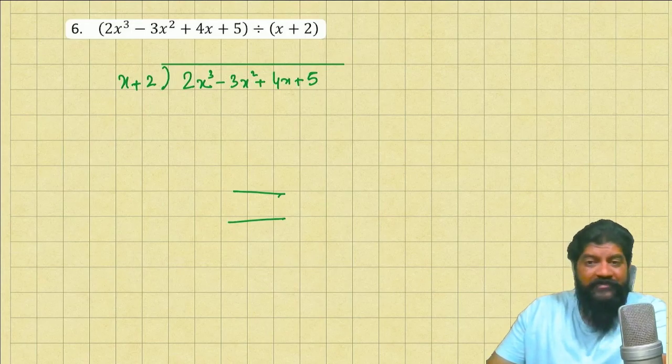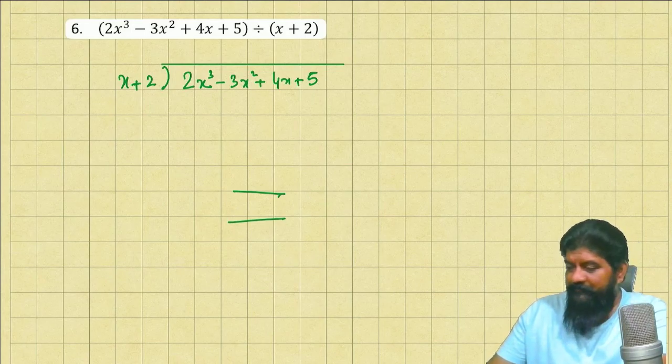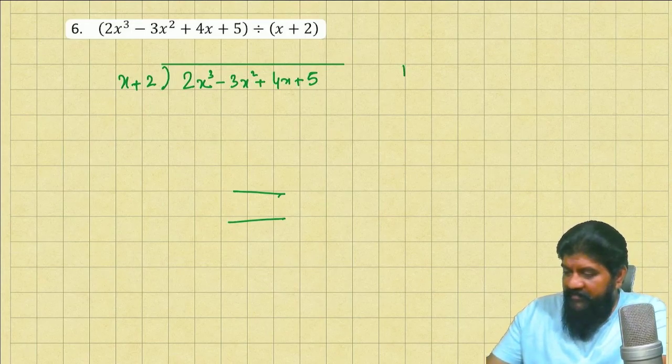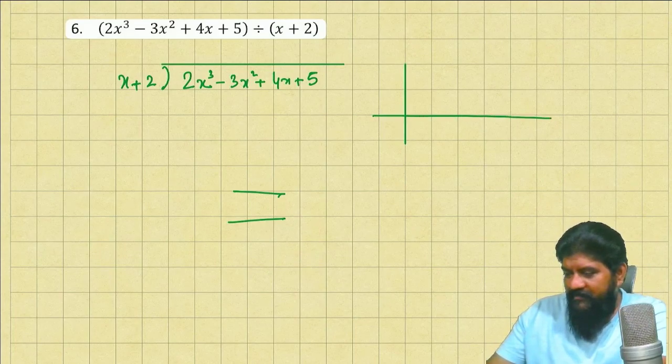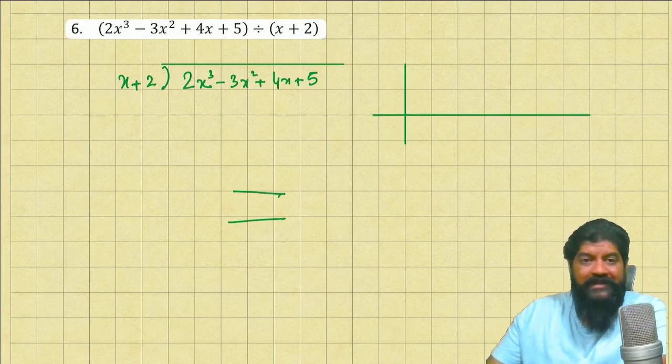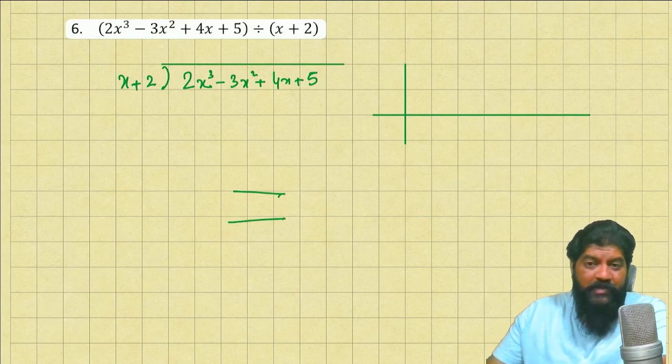So what happens in the synthetic division method? I'm going to draw 2 lines like that and write the coefficients of the polynomial in the reducing powers of x.